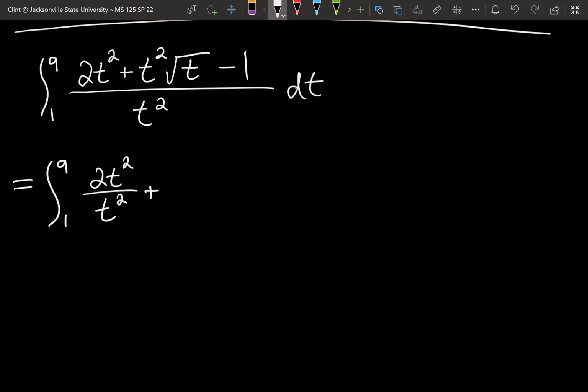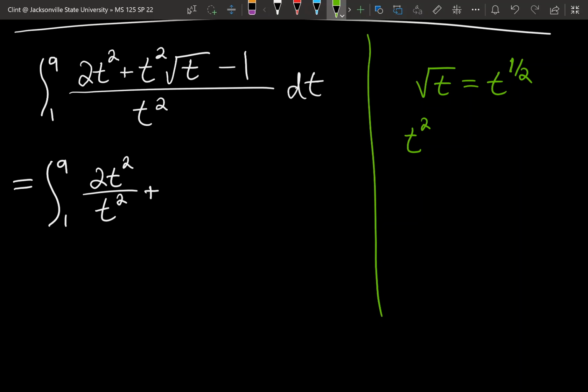The middle one's got the most going on because of the square root of t. How could we rewrite that? Yeah, so that would be t to the 1/2. So we've got t squared times t to the 1/2. We can combine those.